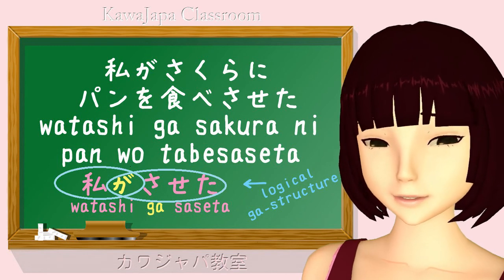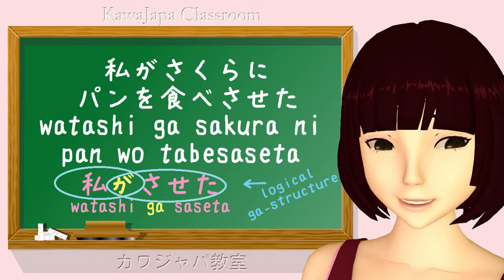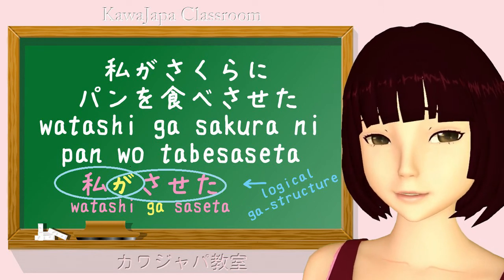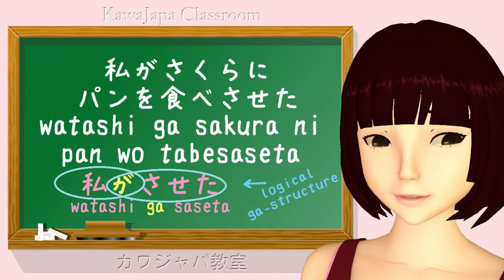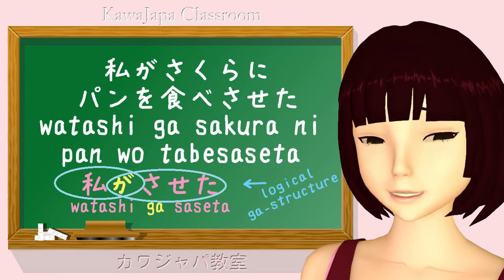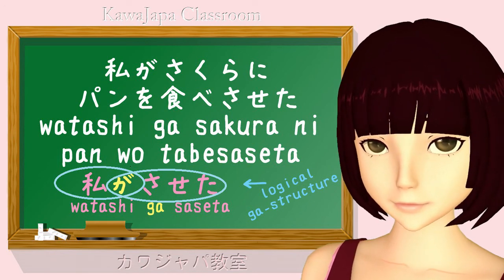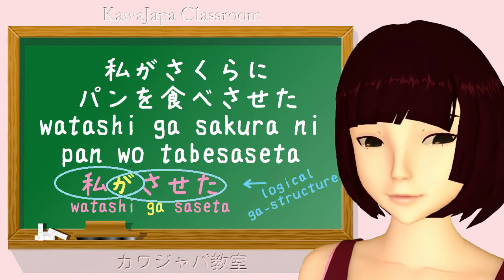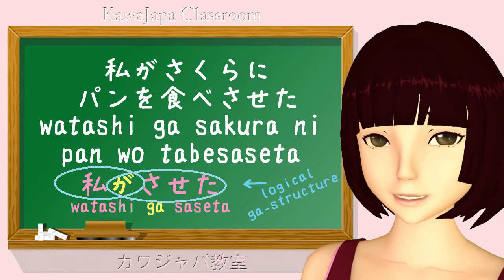In the case of this sentence, we can see why, I think. There is already a wo in the sentence, pan wo. Pan is the direct object of the eating. It is the thing that's being eaten. And Japanese does not like to have two wo's in a sentence.